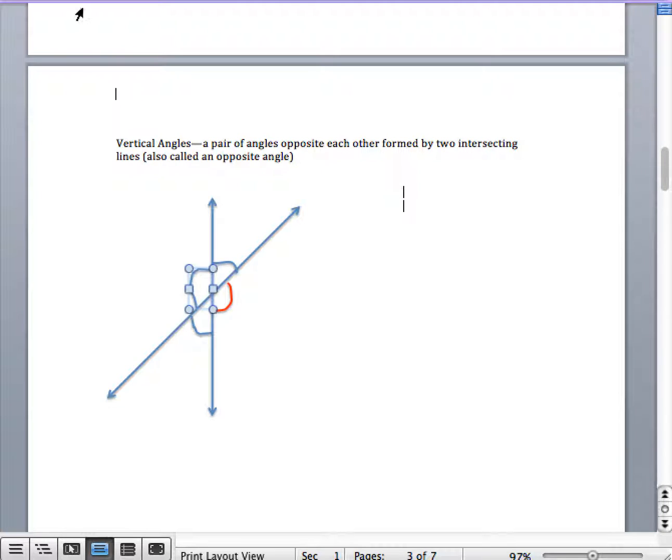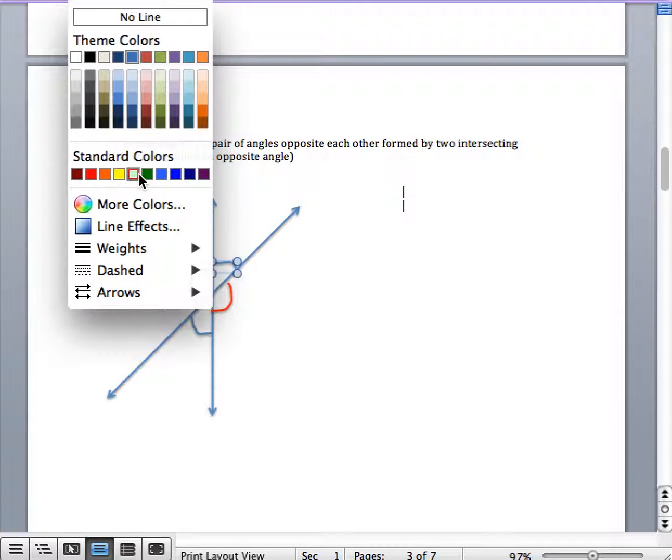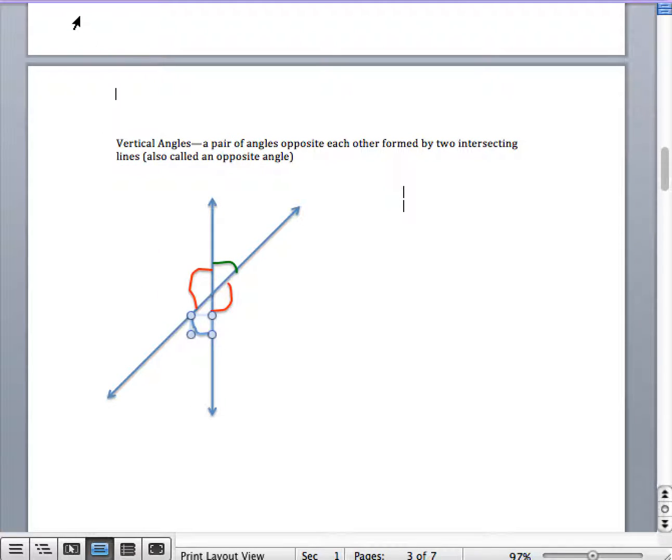I know my lines are beautiful, but we'll go ahead and indicate this with colors. So the two red angles are going to be the same measurement, and then the two green angles are the same. And if this is kind of complicated, let's go in depth, because we want to prove that this angle right here is equal to this one and that this one is equal to this one.